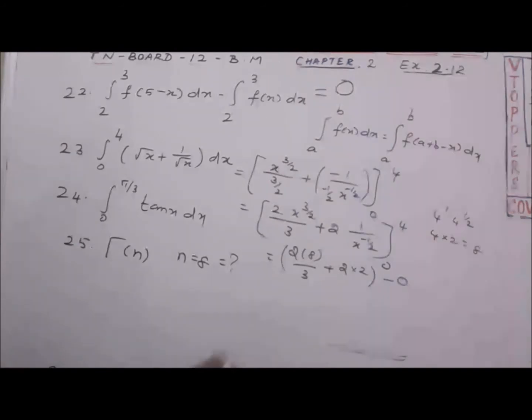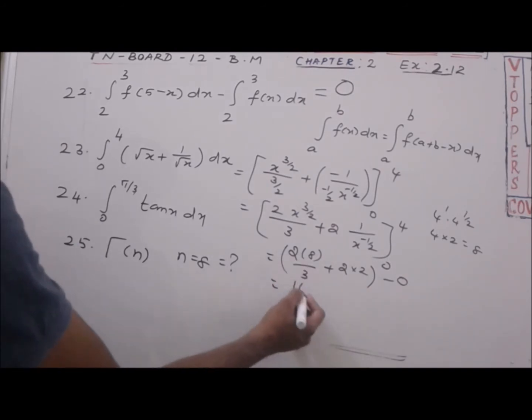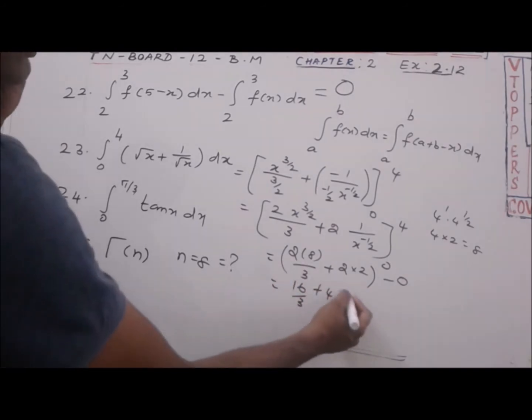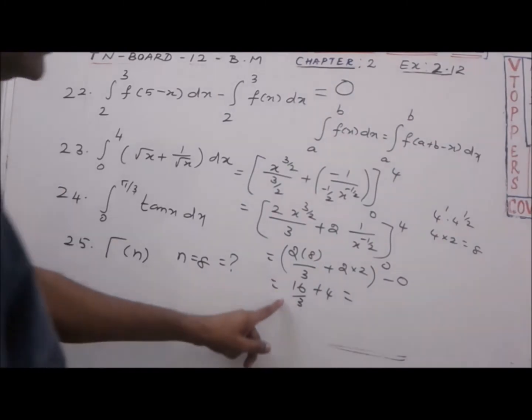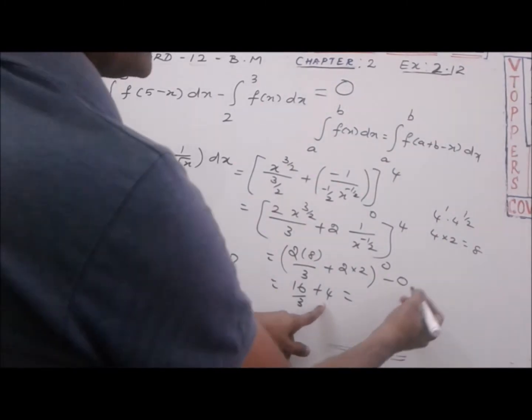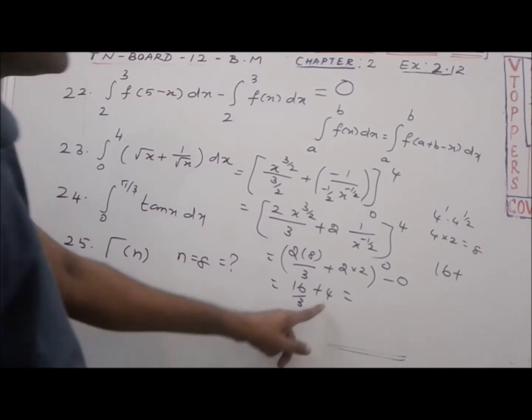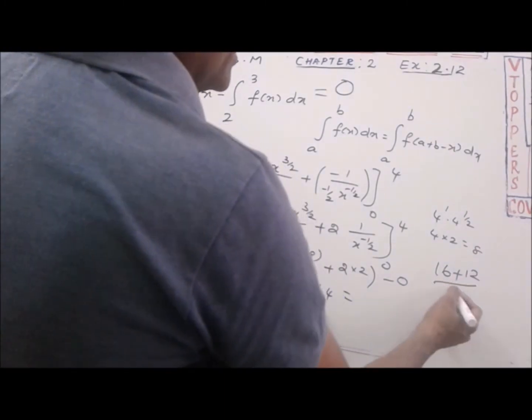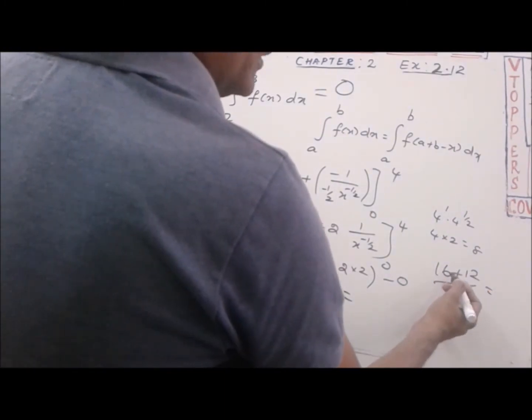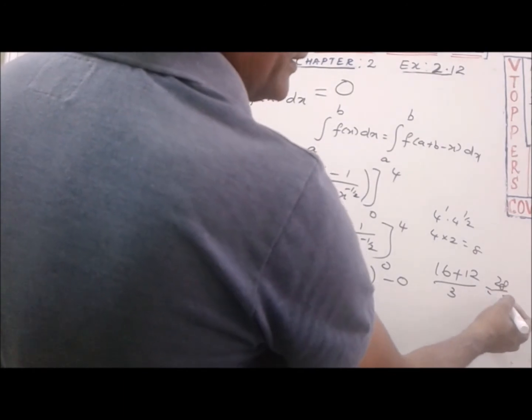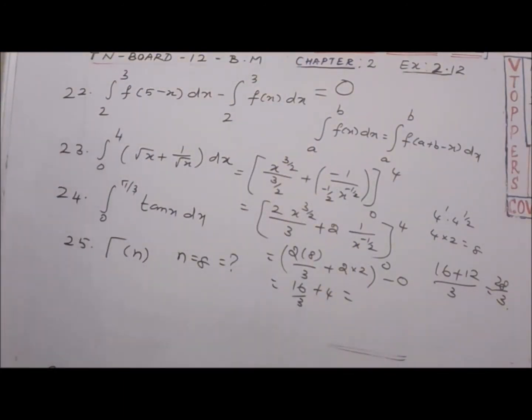This is equal to 16 by 3 plus 4, which is equal to 16 plus 12 by 3, equal to 28 by 3. Option C, 28 by 3.